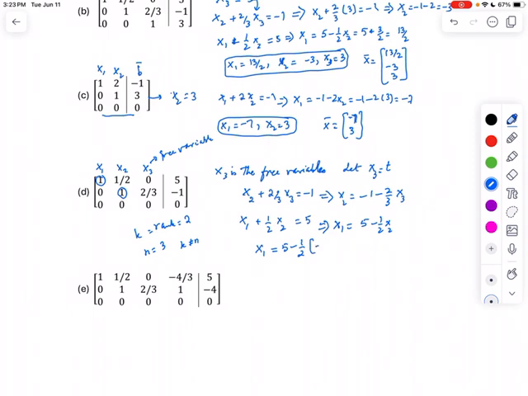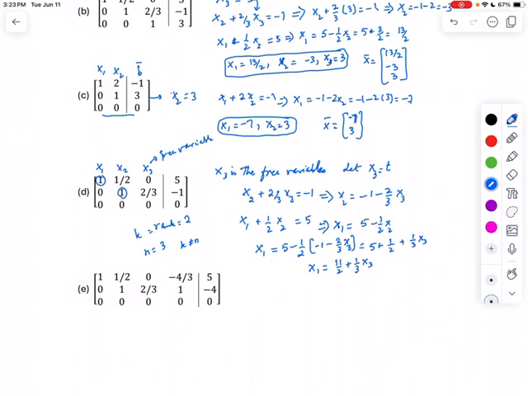So I get x1 is equal to 5 minus 1/2 times -1 minus 2 over 3 x3. Now simplify. 5 minus, actually it becomes 5 plus 1/2 plus 1/3 x3. So x1 is 11 over 2 plus 1 over 3 x3.